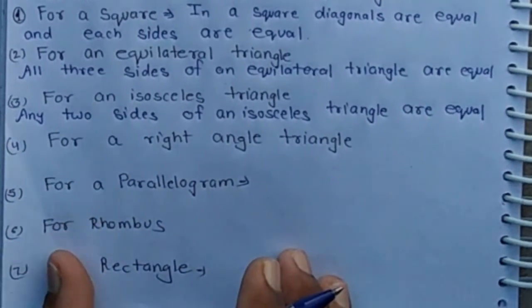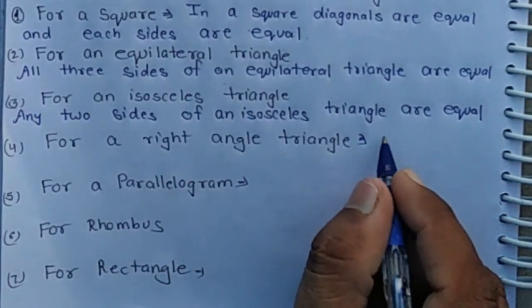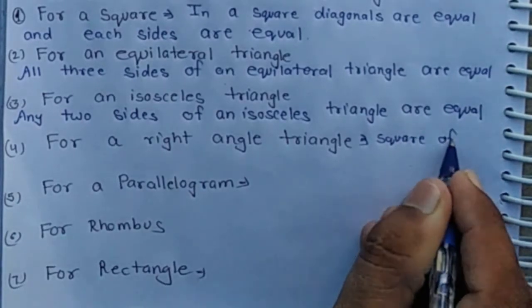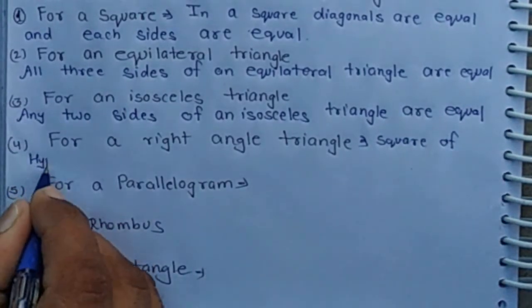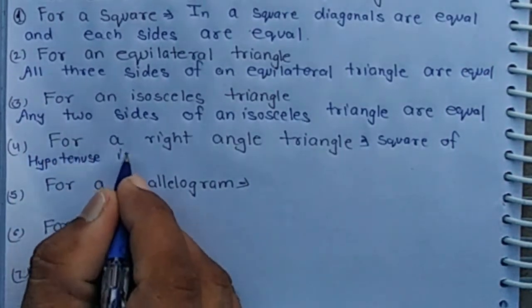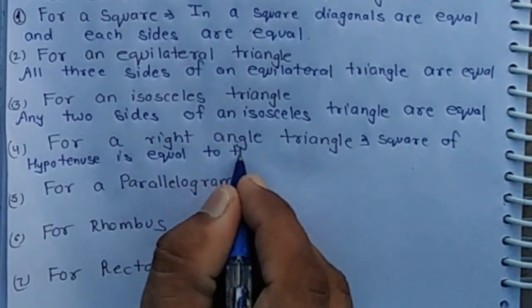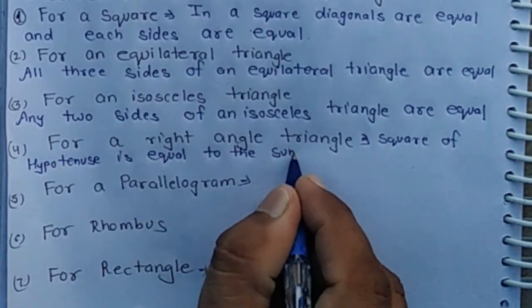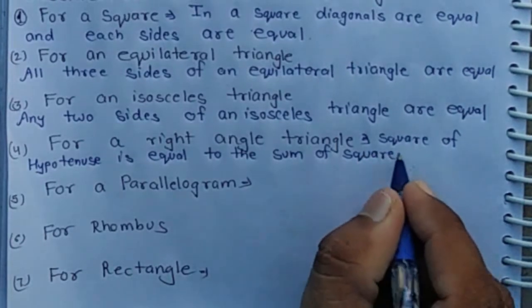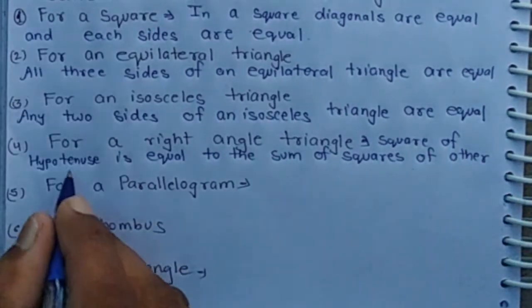For a right angle triangle, the square of the hypotenuse is equal to the sum of the squares of the other two sides.